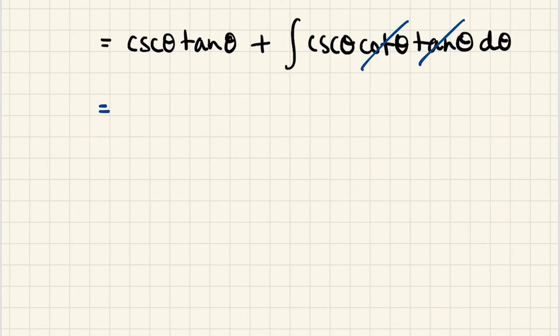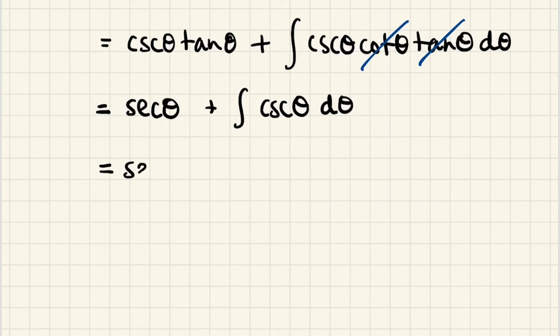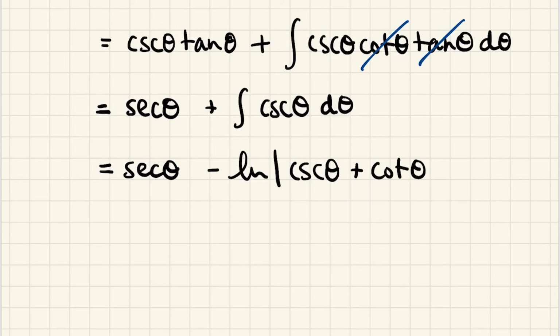And cosecant times tangent is actually just secant. So what is the antiderivative of cosecant of theta? That's negative ln of absolute value of cosecant theta plus cotangent theta plus a constant.